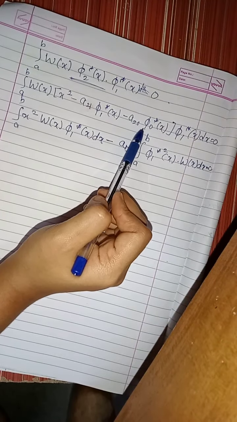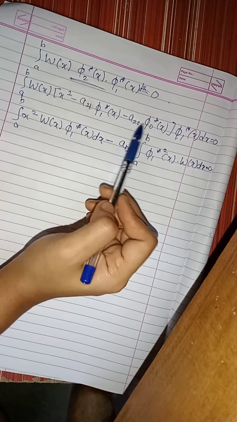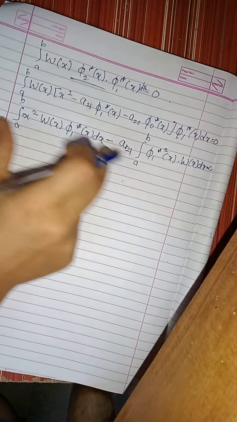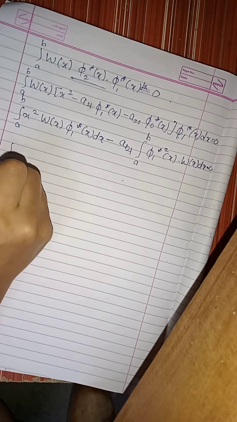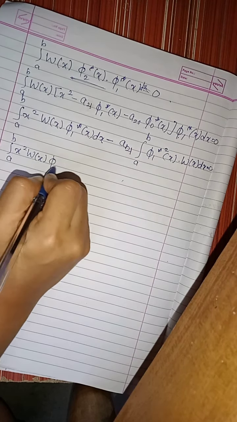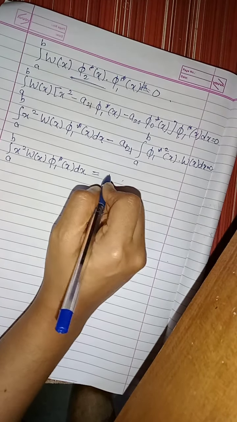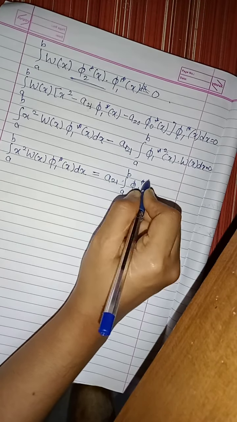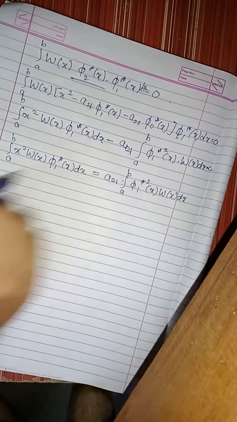Again this phi naught star of x into phi 1 star of x will be 0, so the dot product is 0. So I have not written the term directly, we can write these two terms only. So now again a to b x square w of x phi 1 star of x dx is equal to a to 1 a to b phi 1 star square of x into w of x dx.